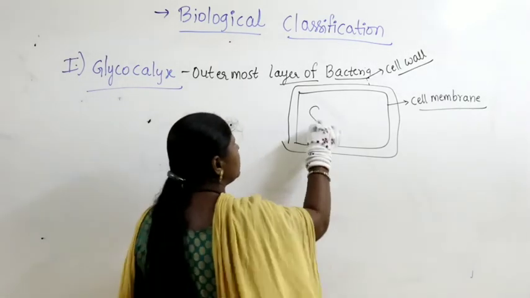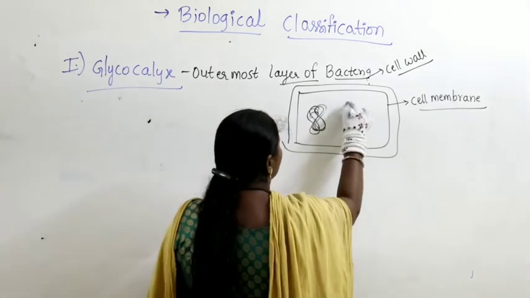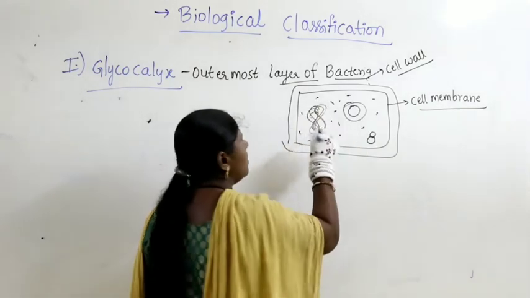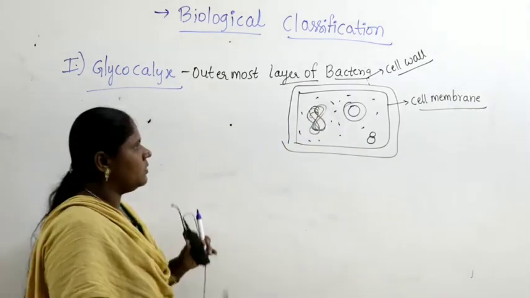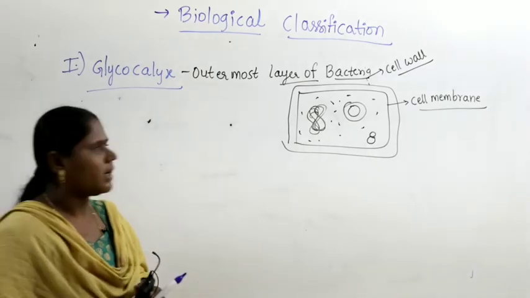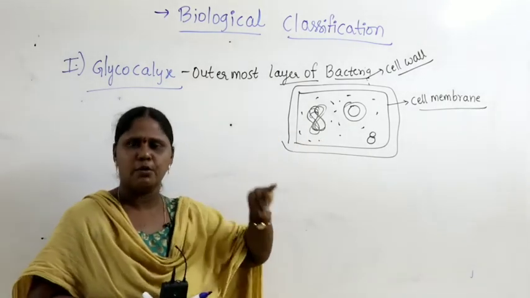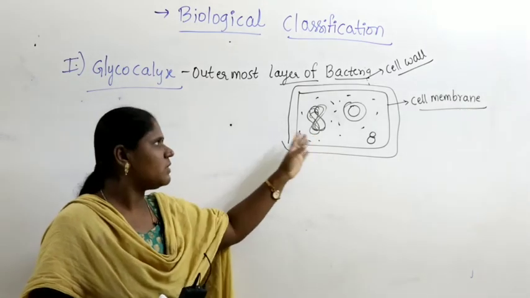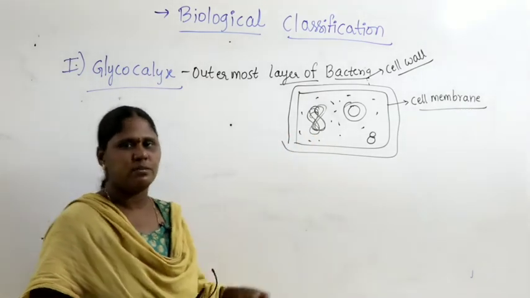You know that it has its own nucleoid, genophore, ribosomes, and cytoplasm. Whenever you draw, make sure that you draw the inner content of bacteria, and don't make an empty box, as I am drawing.